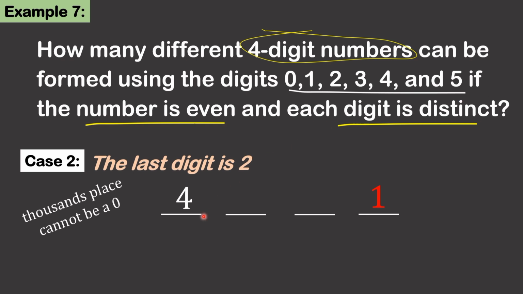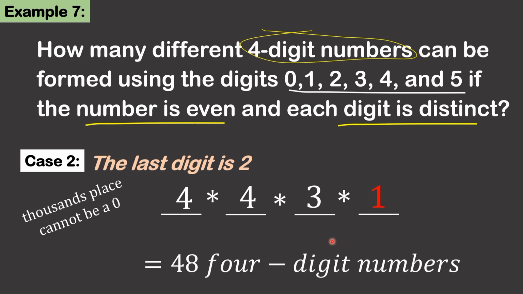After selecting the first digit, repetition is not allowed. There are 4 remaining choices because 0 can be in this position or place. And then there are 3 remaining choices for the third digit. So we have 48 4-digit numbers with the last digit 2.